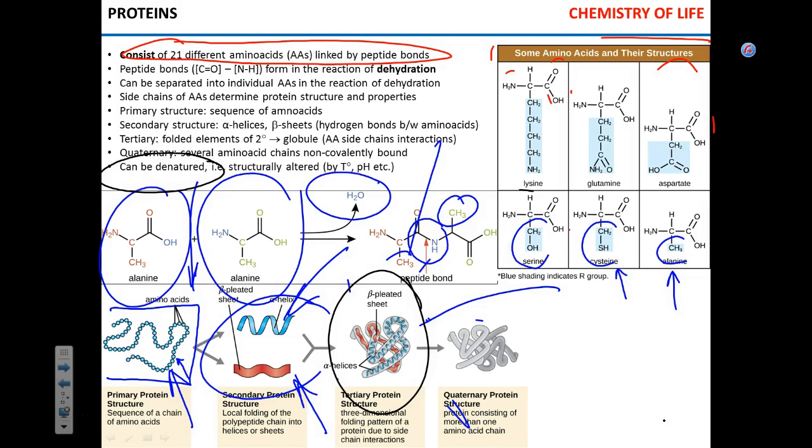So protein gets denatured and then it renatures. Unless you completely break down the primary structure, it can come back. When you cook an egg, you break down primary structure as well. It's not going to come back. Okay.